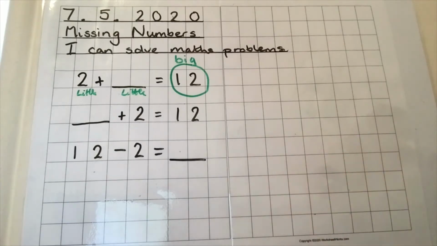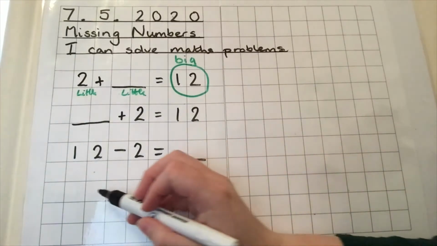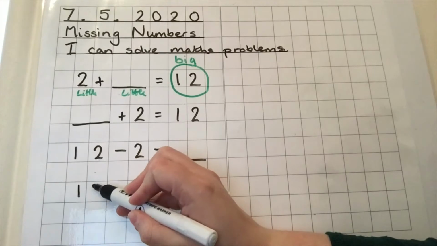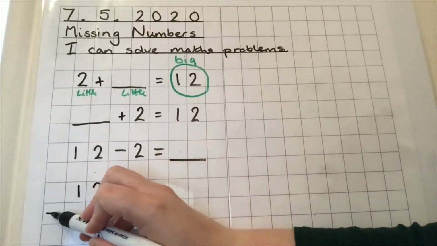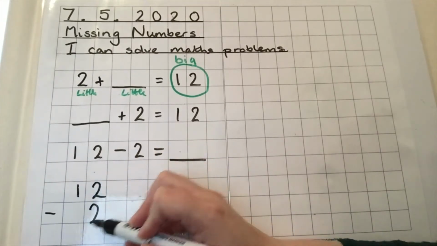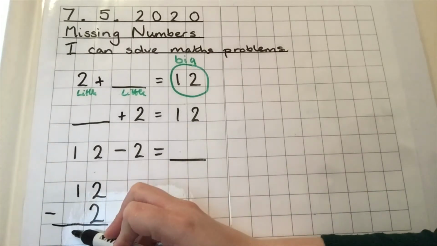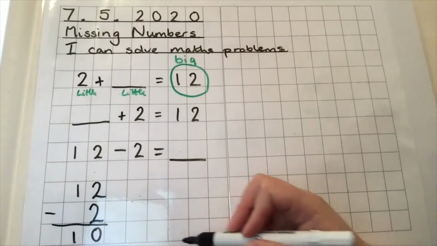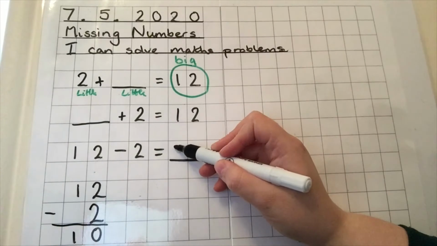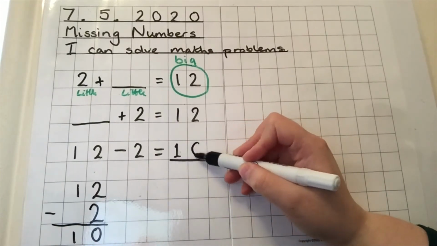So now we work it out like all the other sums we've done in the past. Again, you can do it as chimney sums, because that's what we've been practicing. You'd get the answer of 10, and then you can write it in there.